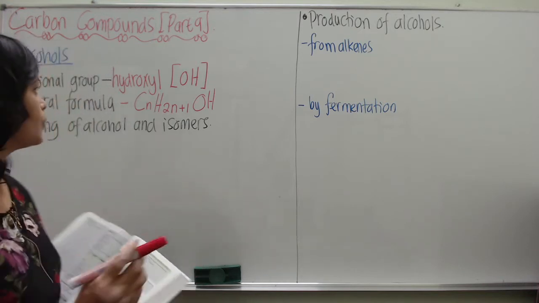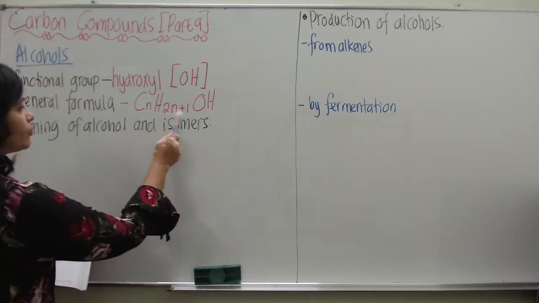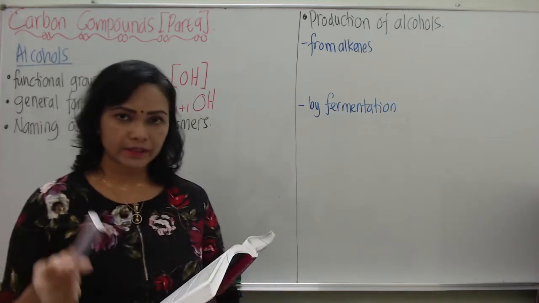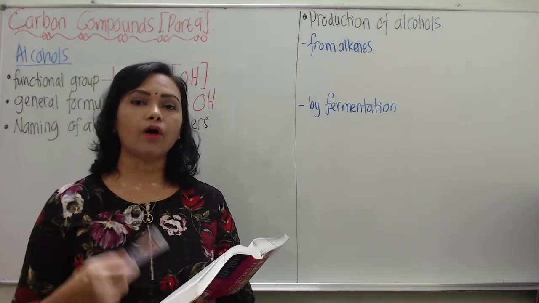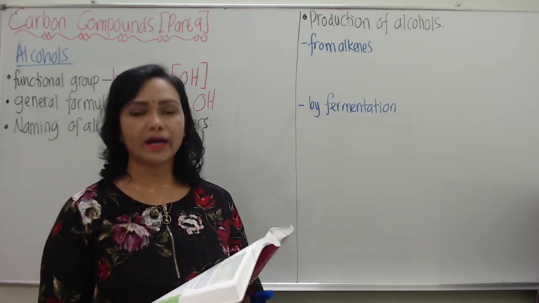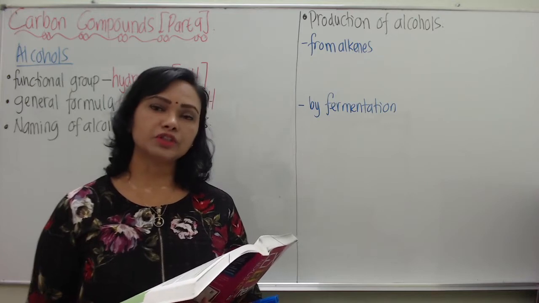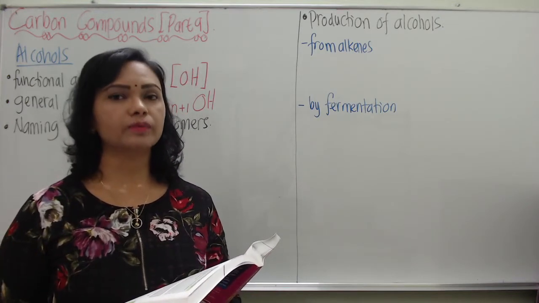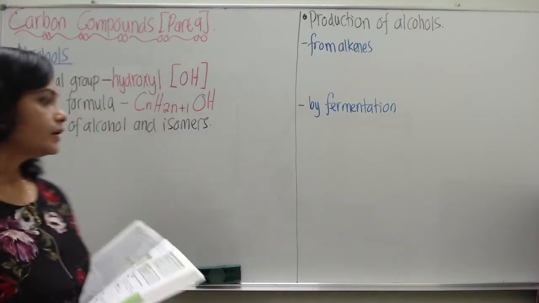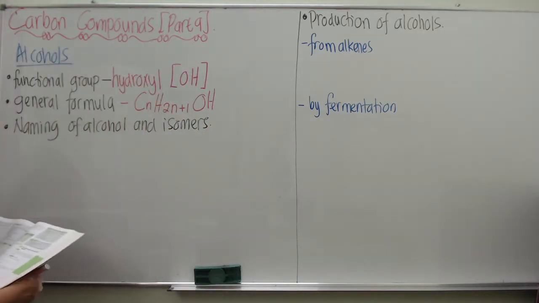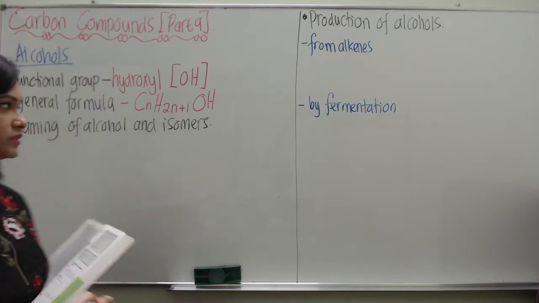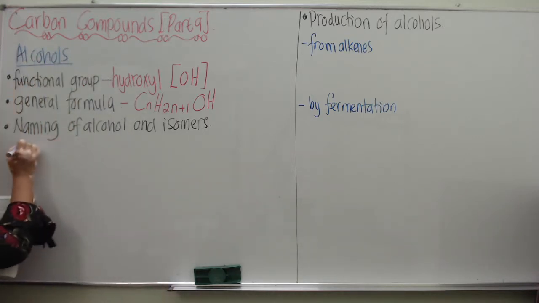So if you follow the general formula, you can work out the molecular formula of an alcohol up to C10. But when it comes to isomers, students are just required to know the isomers up to butanol only.